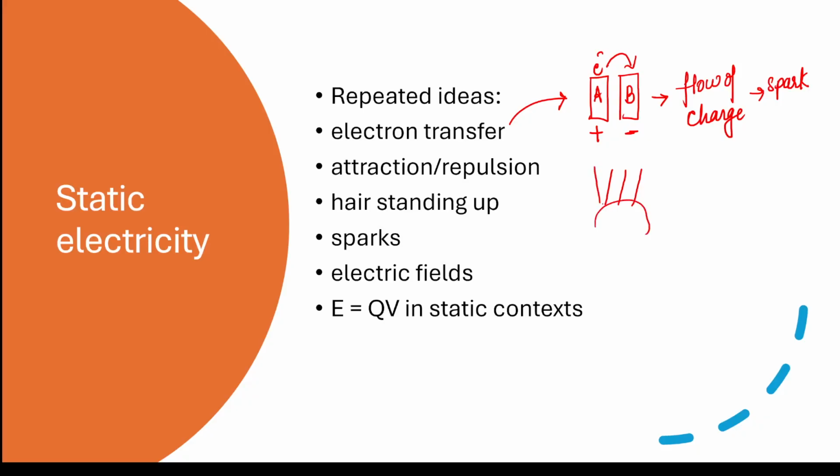So a person, okay, his head hairs are standing up because of the buildup of static charges, and obviously the charge buildup will be the same on all the strands of hair, so they would end up repelling each other because it's the same charge. You don't need to know what kind of charge this is. You need to know if the charge is the same on each strand of hair, they will end up repelling each other, and because of this repulsion they stand up.